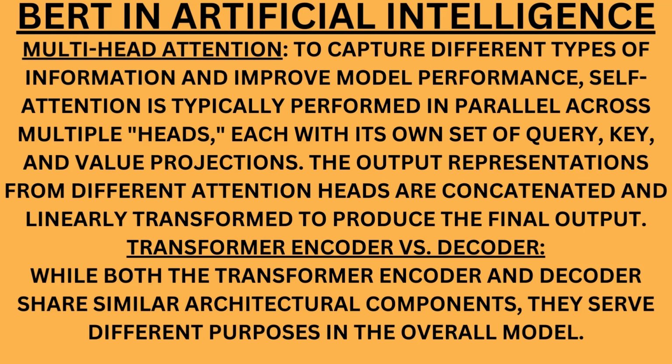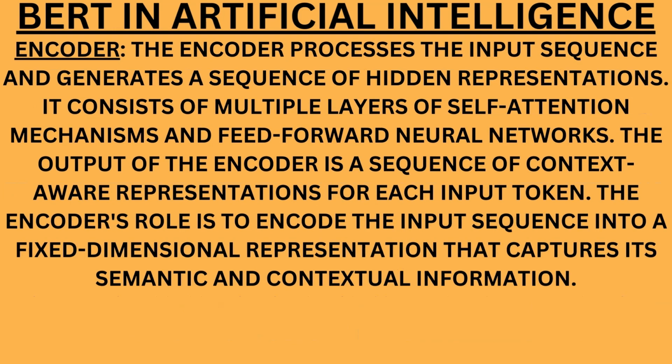Transformer encoder versus decoder. While both the transformer encoder and decoder share similar architectural components, they serve different purposes in the overall model. Encoder. The encoder processes the input sequence and generates a sequence of hidden representations.